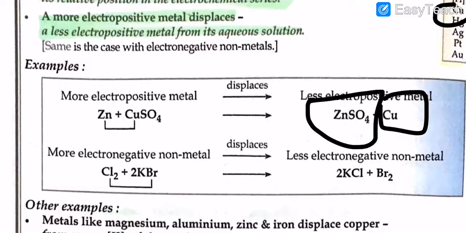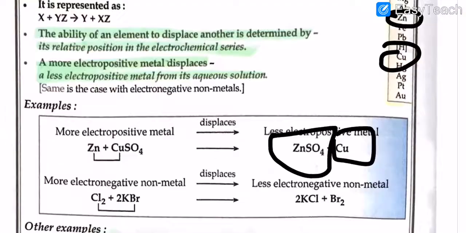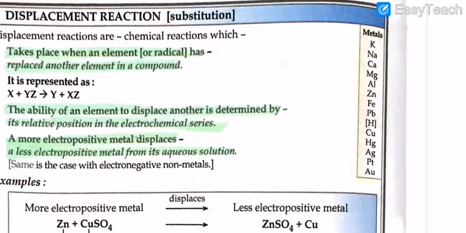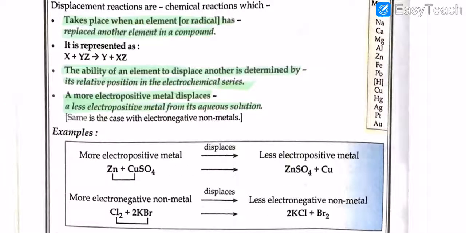Similarly, Cl2 plus Br. Look at this. Let's go back here. Where is Cl? Let's find Cl. Okay, Cl is not there in this table, but one thing that is there is K. And as you can see, K is the strongest of all, right?